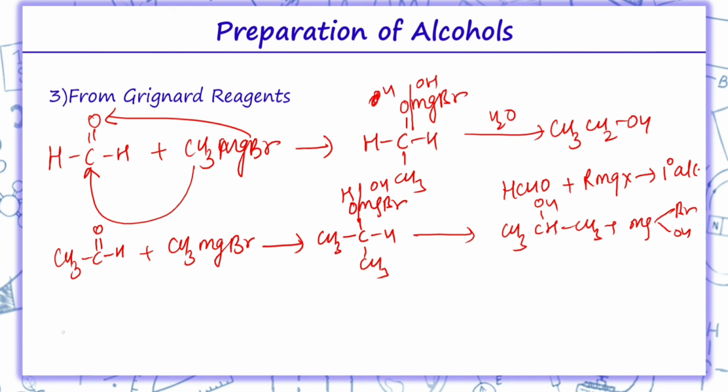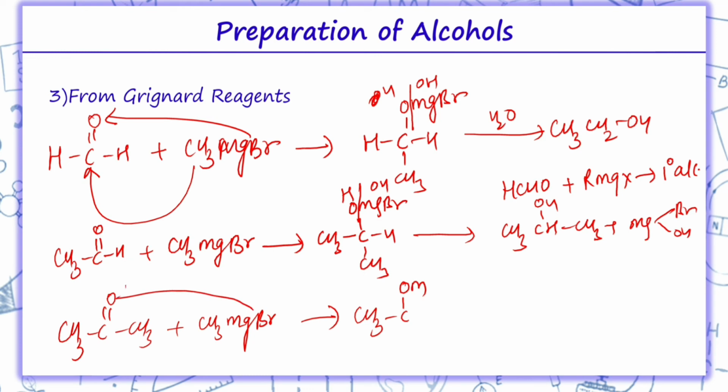And if we are taking ketone over here, that is CH3COCH3, when it reacts with this Grignard reagent, it forms OMgBr, with CH3 and CH3.